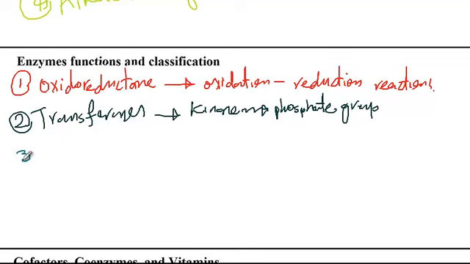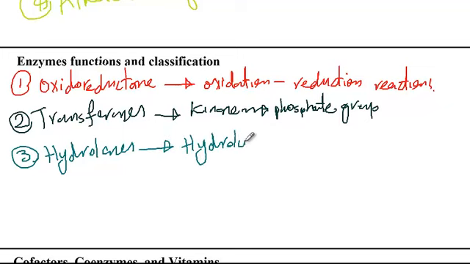Then we have hydrolases, which mediate hydrolysis. For instance, pepsin is an enzyme in our stomach that leads to hydrolysis of protein and breakage of them into smaller amino acids.